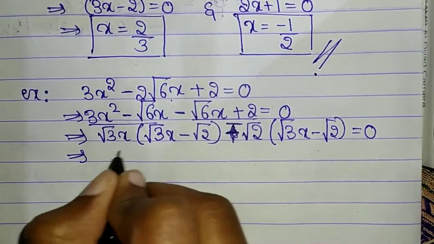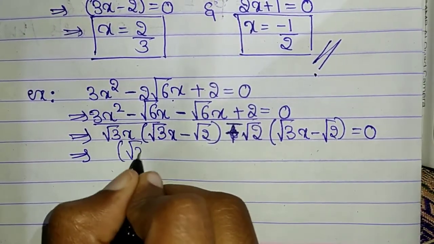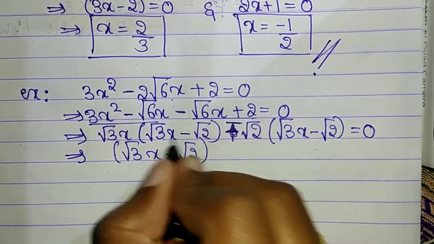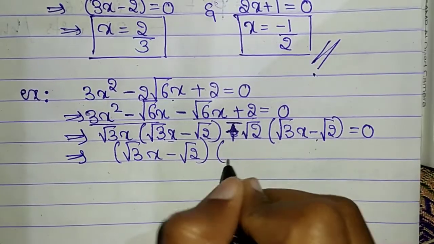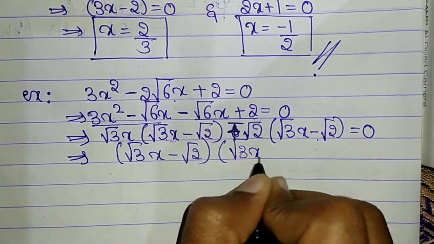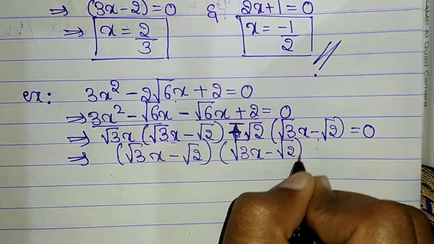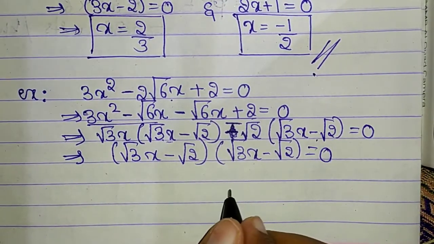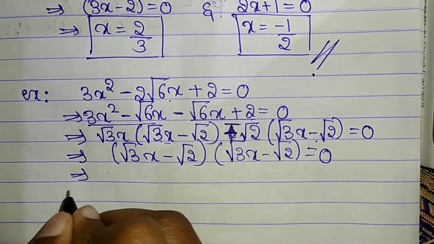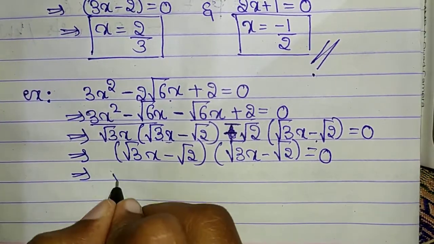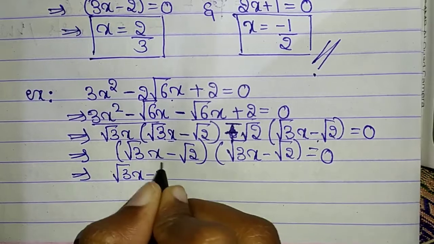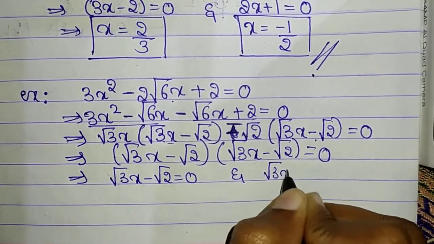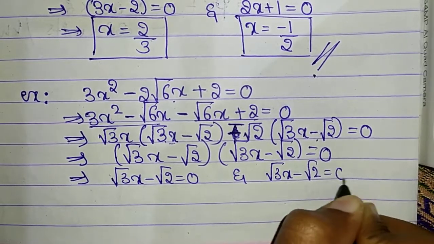So this implies root 3x minus root 2, we can take them out common because they are common to both the terms. What remains in the bracket is root 3x minus root 2 is equal to 0. Now equating each of these factors to 0, we get root 3x minus root 2 is equal to 0, and root 3x minus root 2 is equal to 0.